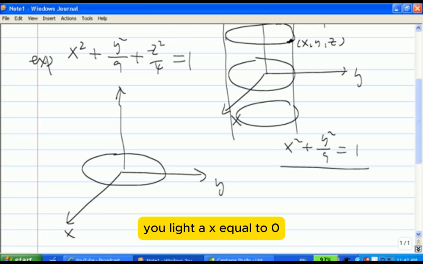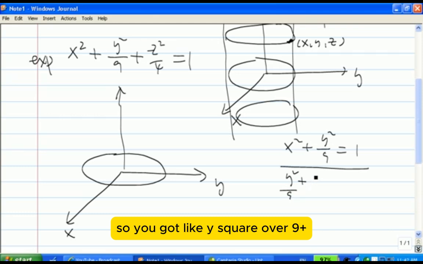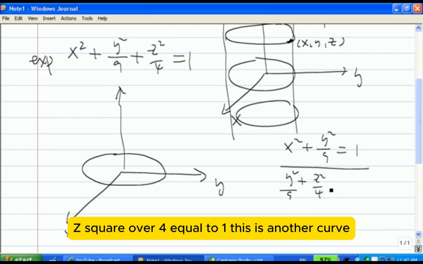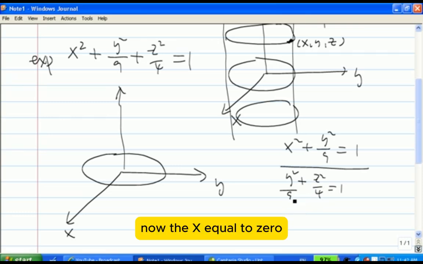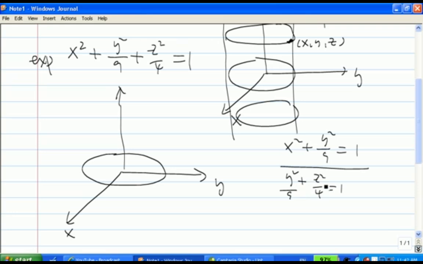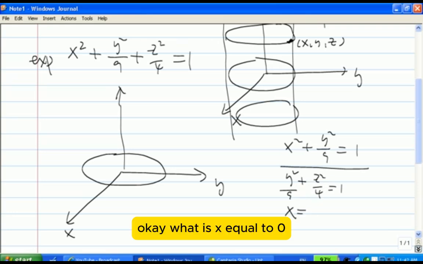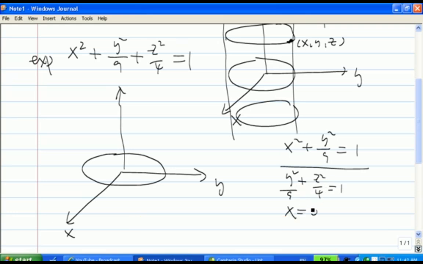And then you let x equal to 0, so you get y squared over 9 plus z squared over 4 equal to 1. This is another curve. What is the graph of x equal to 0?